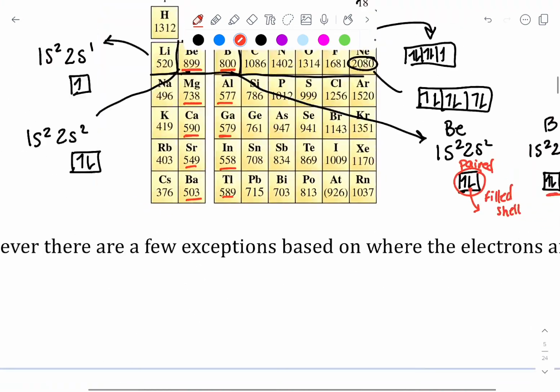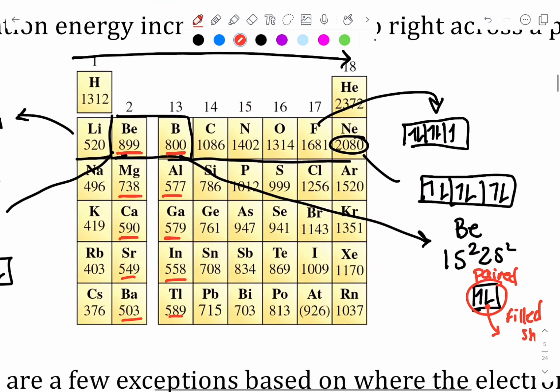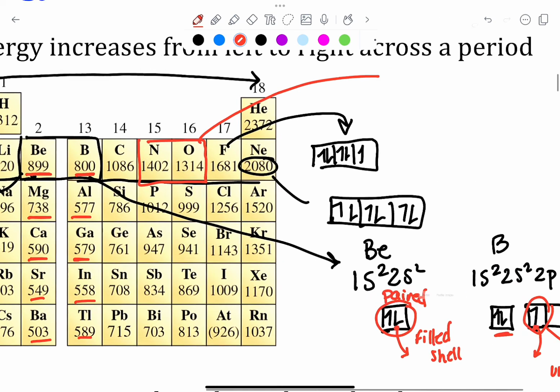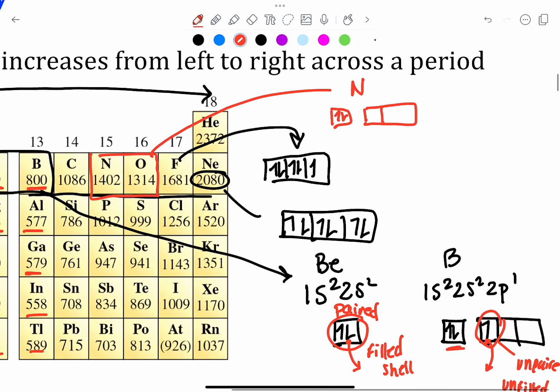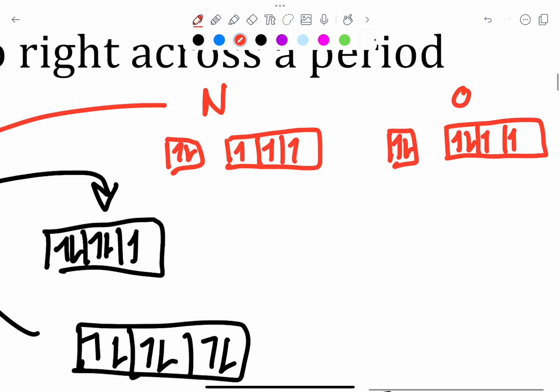Okay, now a similar thing happens in nitrogen and oxygen for the same purpose, except now we have nitrogen, which has 2s2, 2p3, whereas oxygen has 2s2, 2p4. Okay, they change by one electron. Here, nitrogen has a half-filled p orbital, or half-filled p shell.